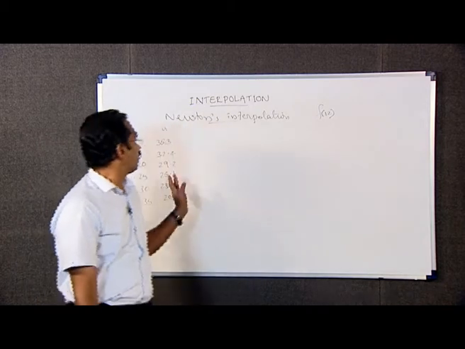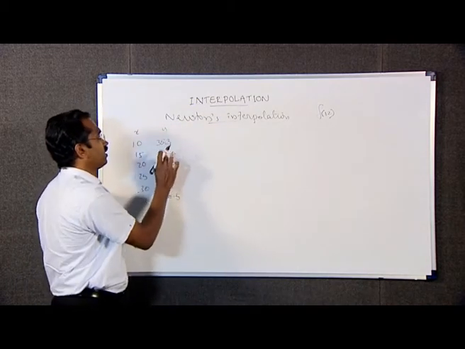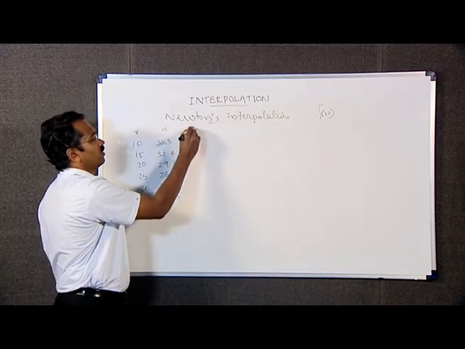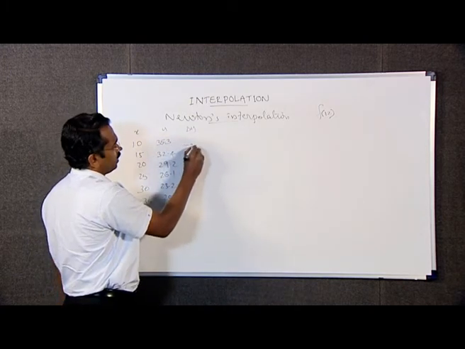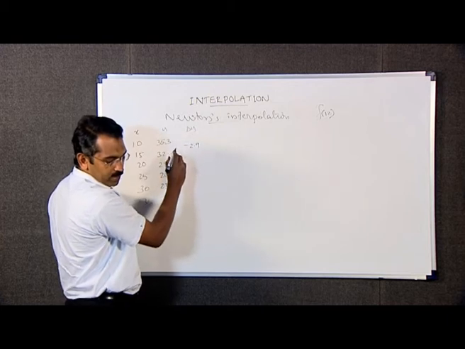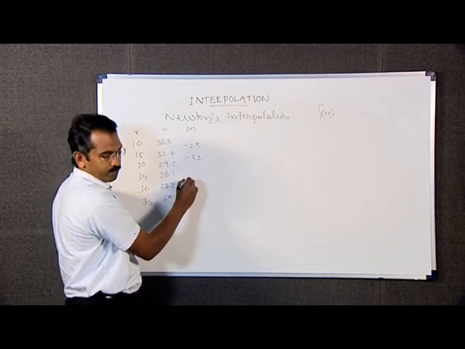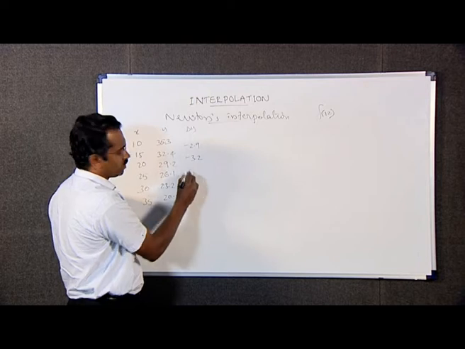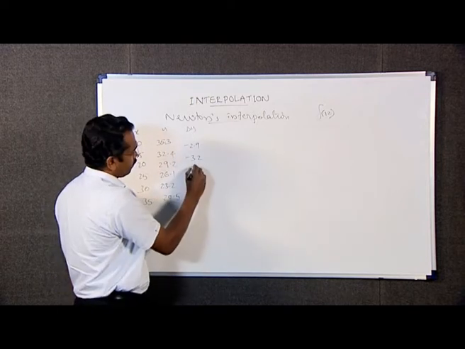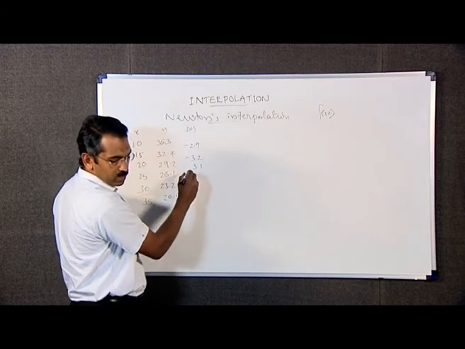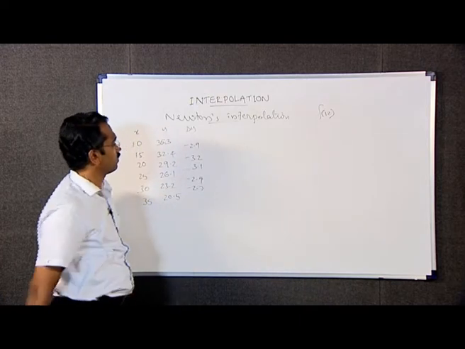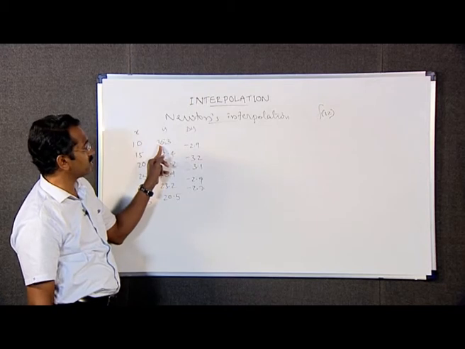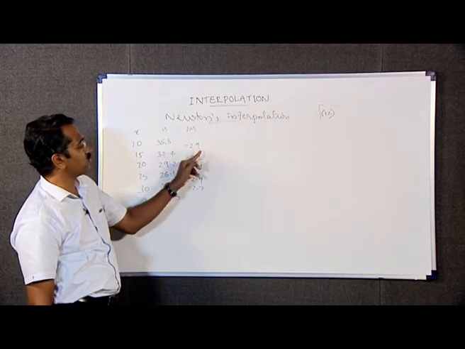First of all, we formulate the forward difference table. The first differences are minus 2.9, minus 3.2, minus 3.1, minus 2.9, minus 2.7. That is, 32.4 minus 35.3 is minus 2.9.